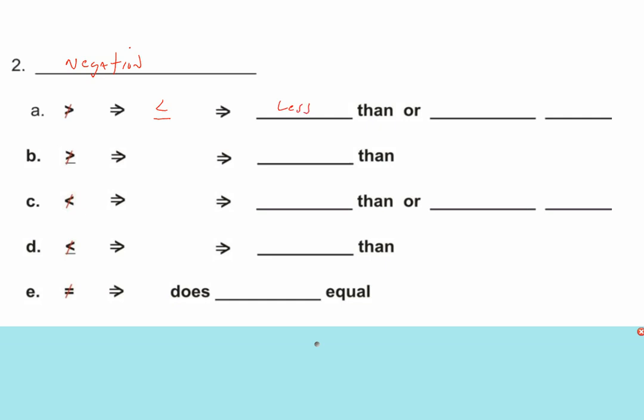And we can fill this in. So the second one says not greater than or equal to. That one's got to be less than. So not greater than or equal to has to be less than.